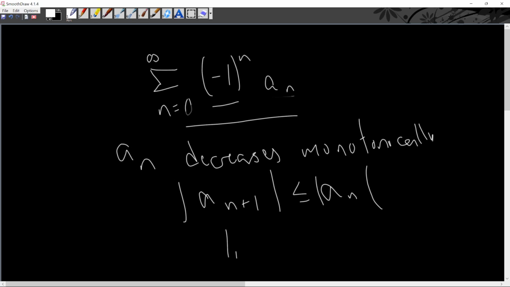And, of course, the limit as n approaches infinity of the sequence should also equal 0, because again, we need to do that nth term test for divergence whenever we can.